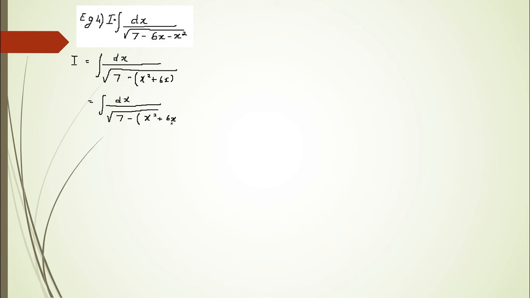Now the coefficient of x is 6, so I'll write plus 6 by 2 whole square minus 6 by 2 whole square.